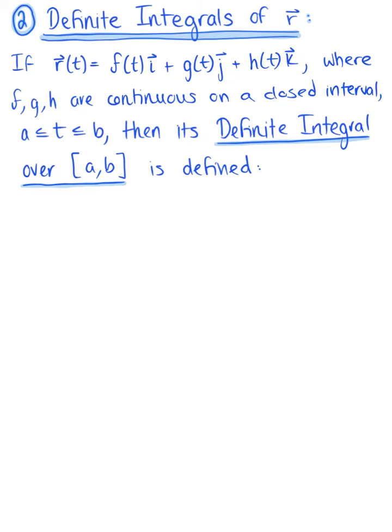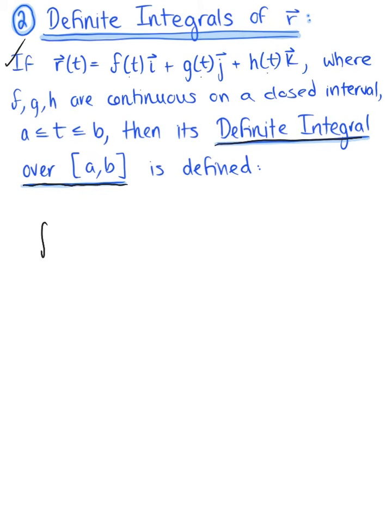So here we go. The definition for the definite integral of a vector valued function. Again, if vector r of t, defined by the components f of t i hat plus g of t j hat plus h of t k hat, where f, g, and h are all continuous functions on a closed interval such that t is greater than or equal to a, less than or equal to b, then its definite integral over this closed interval from a to b is defined as follows.